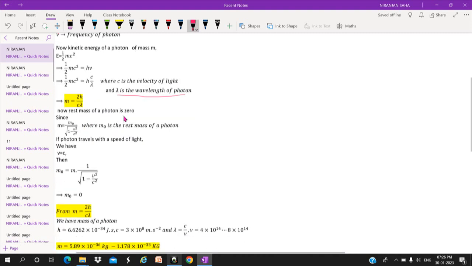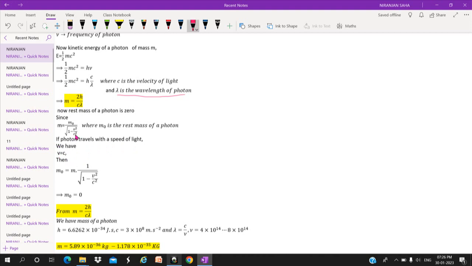Now the rest mass of a photon is 0, since we know that m is equal to m0 over root of 1 minus v square by c square, where m0 is the rest mass of the photon. And if the photon travels with the speed of light, we have v is equal to c.